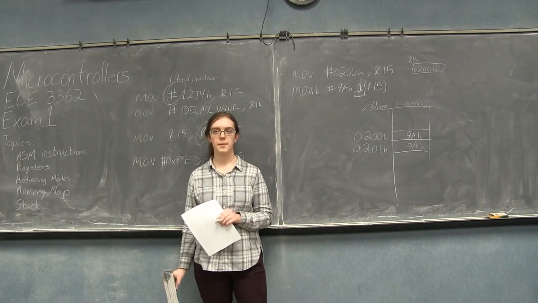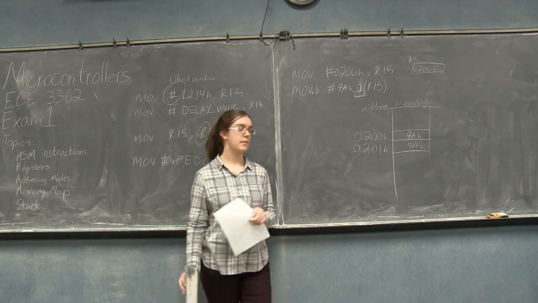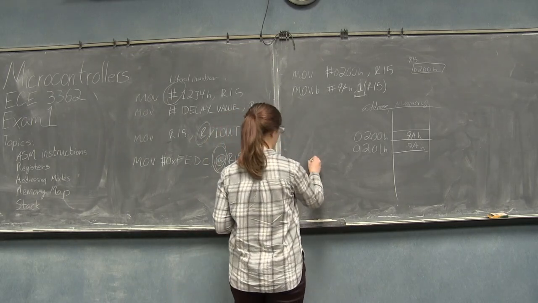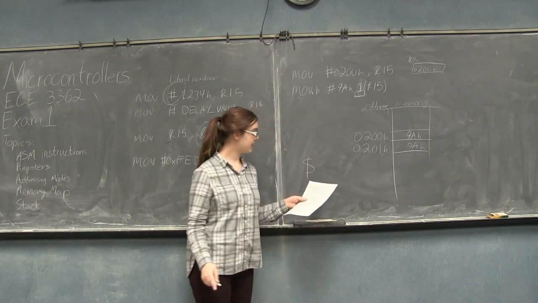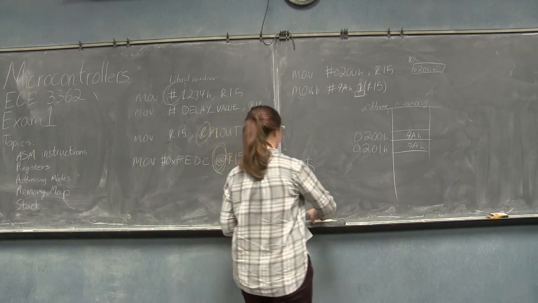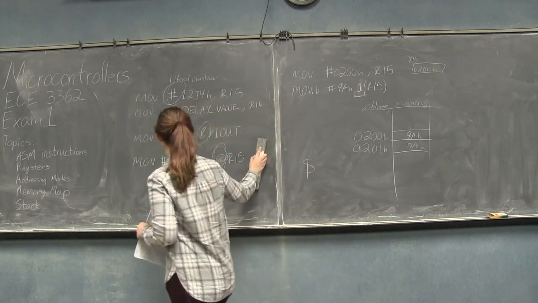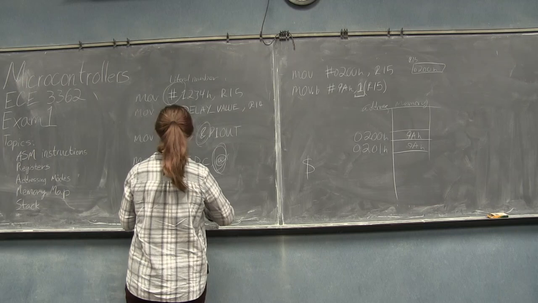Anyone have any questions? What about the $ sign? What is that? Or does it matter for this test? The $ sign is used in a very, very specific case.